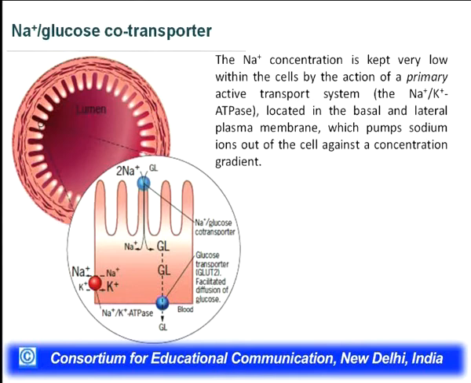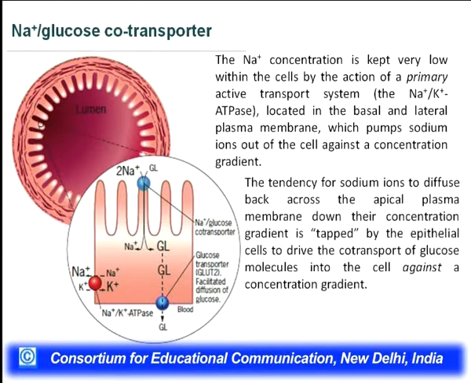This is located in the basal and lateral plasma membrane, which pumps sodium ions out of the cell against a concentration gradient. We have already seen that. Now the tendency for sodium ions to diffuse back across the apical plasma membrane down their concentration gradient is tapped by the epithelial cells to drive the co-transport of glucose molecules into the cell against a concentration gradient.